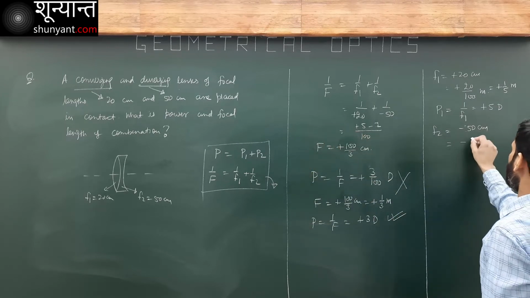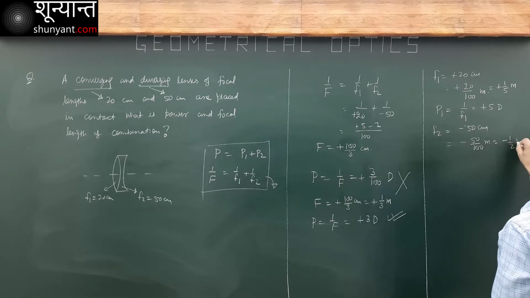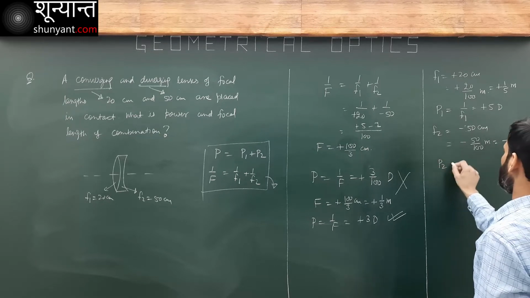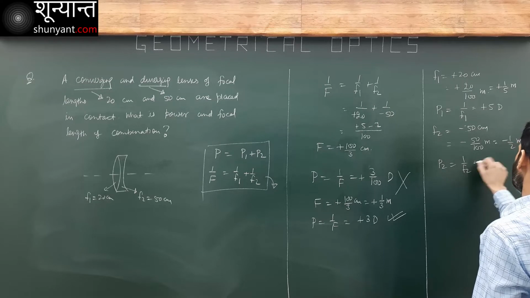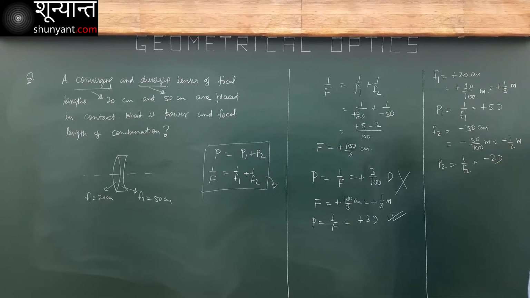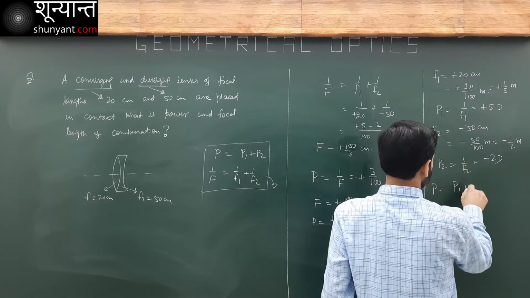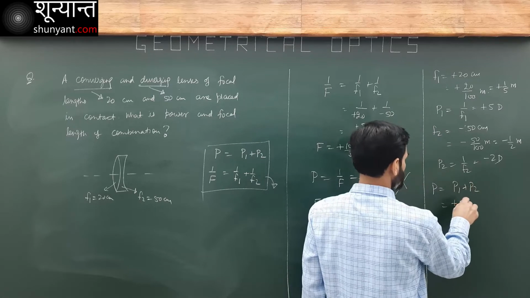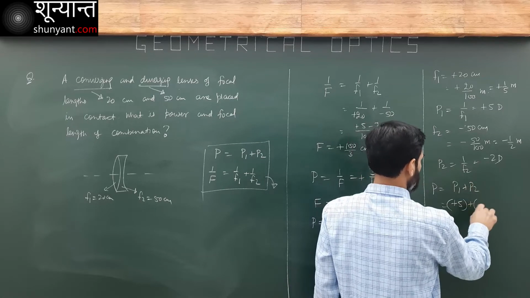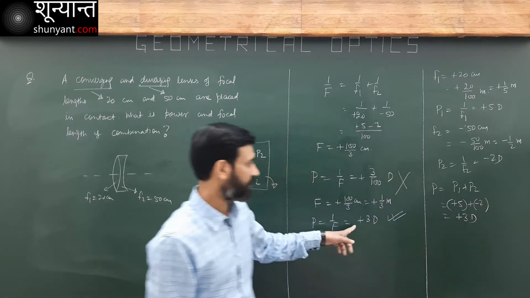This is minus 50 over 100 meter, minus half meter. So power 1 over f2 will be minus 2 diopter. Now, what is power of combination? P1 plus P2, so plus 5 plus minus 2 becomes plus 3 diopter. Same answer that I am getting here.